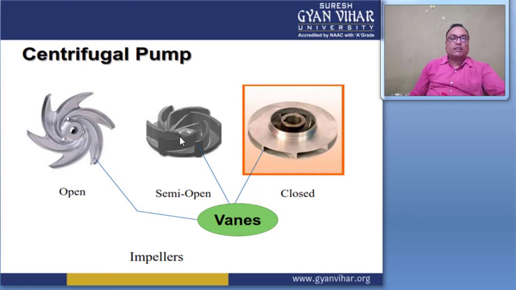Or in the motor of a jet cooler, and this is a closed type of vanes, right? Here liquid goes on this side and moves on that side, right? So these are the three types of vanes, which are open, semi-open and closed vanes.